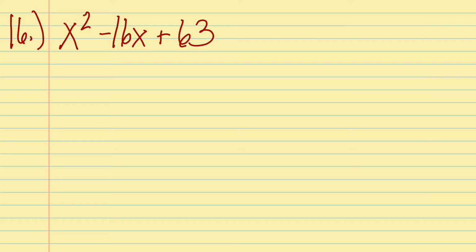All right, so number 16, we have x squared minus 16x plus 63. There's 3 terms. So I'm going to follow those steps for 3 terms, where I write the factors of the first term. How do I get x squared? Well, the only way to get x squared is x and x. And then how do I get 63? I can use 63 and 1.